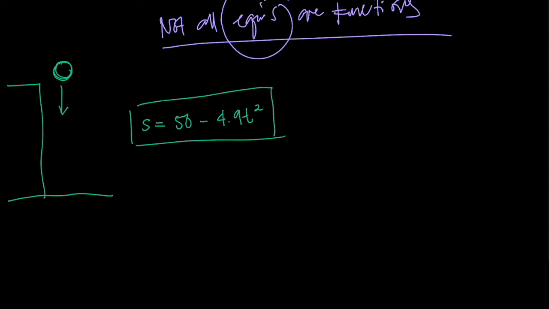With this, we can easily find what is our input and what is our output. Time is our independent variable and s is our dependent variable.